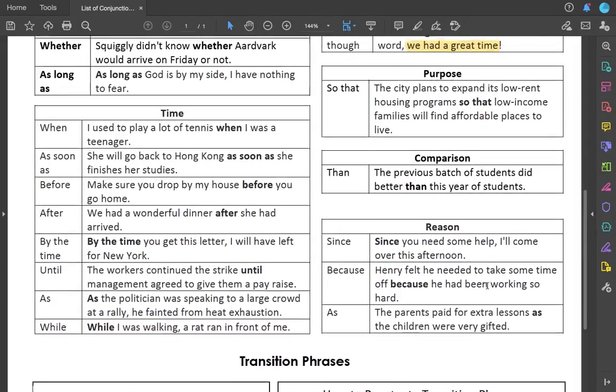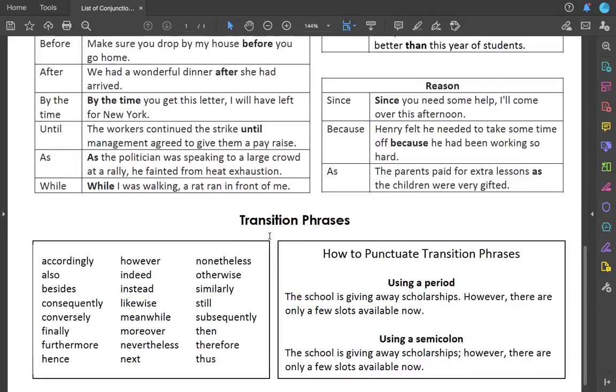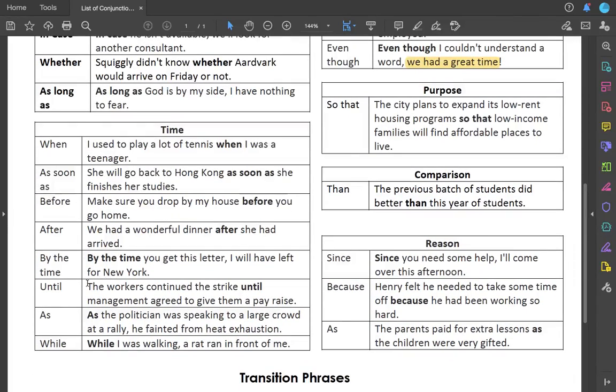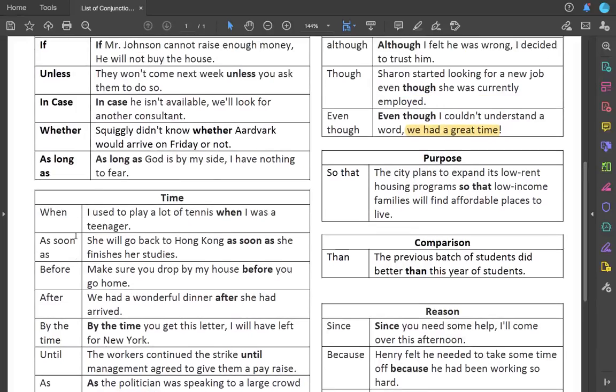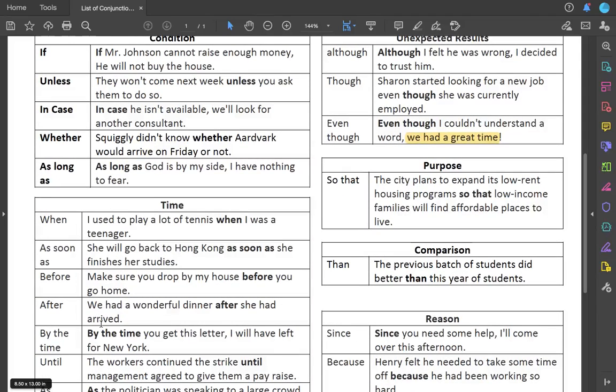Okay, so that's how we use a subordinating conjunction, and I already jumped to the transition phrases. Now we have a lot of subordinating conjunctions, and our goal this semester is to be able to master all of them. Not just know how to use them, but master all of them, because it's important for your fluency.